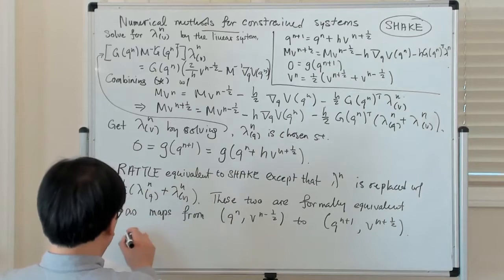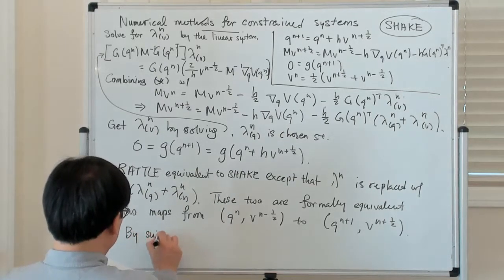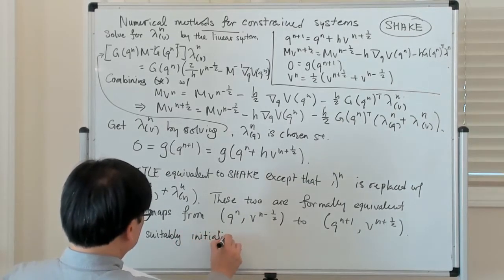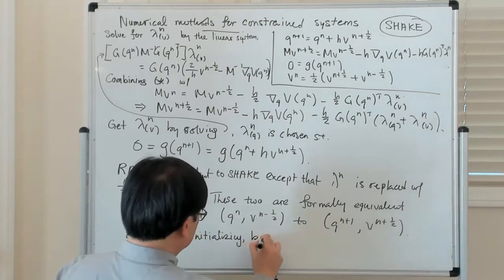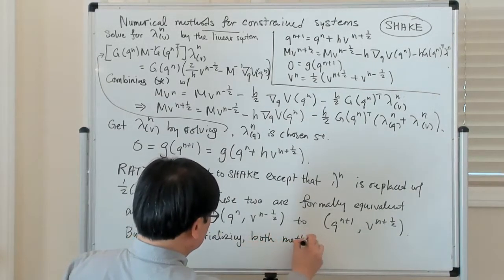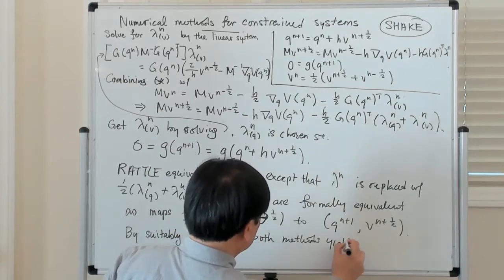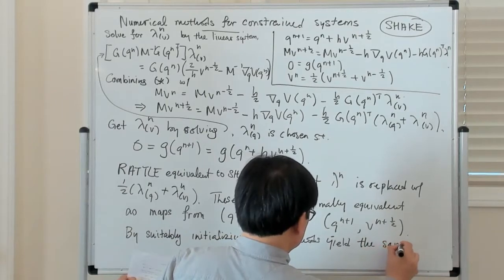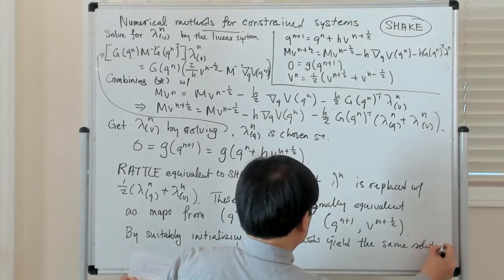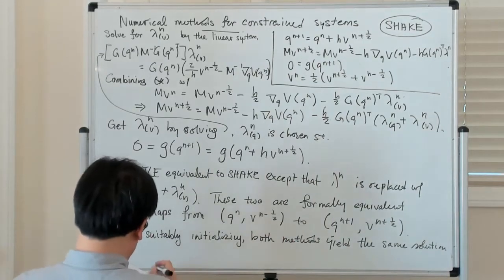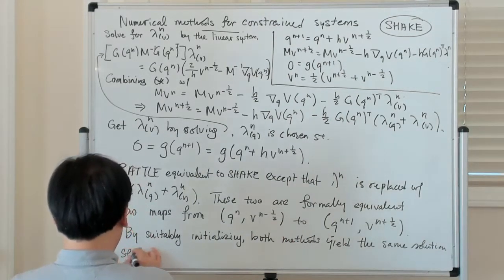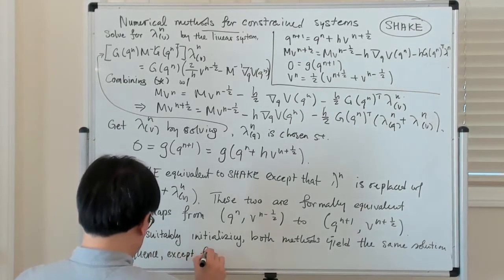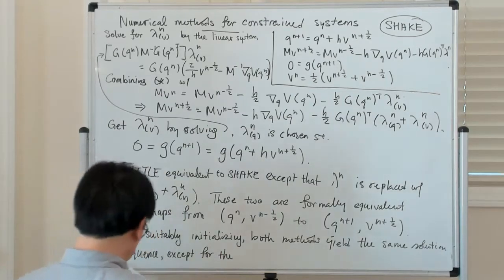So by suitably initializing both methods, they yield the same solution sequence, except for the velocity approximation at the integer steps.